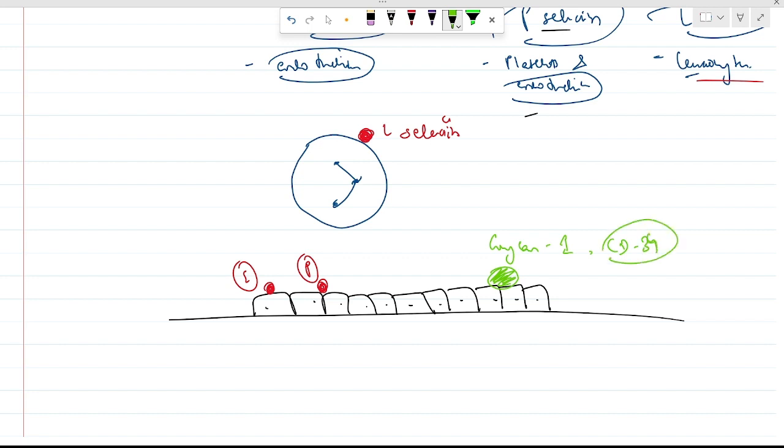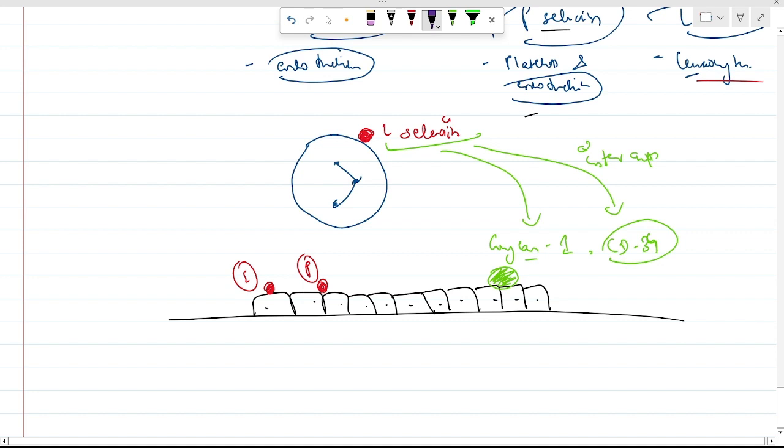CD34, the universal marker for endothelium, along with GlyCAM-1. Then this L-selectin interacts with GlyCAM-1 and CD34.